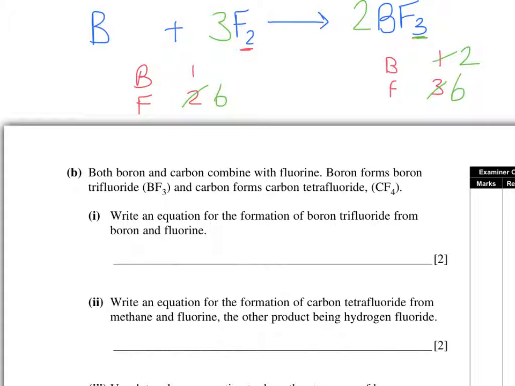That means we now need to change our number of borons on the left hand side. That's quite easy. We just put a 2 in front of the B here, change our list, and you can see that our equation is now balanced. So we can write it into the answer box as balanced. So it is 2B plus 3F2 gives us 2BF3.